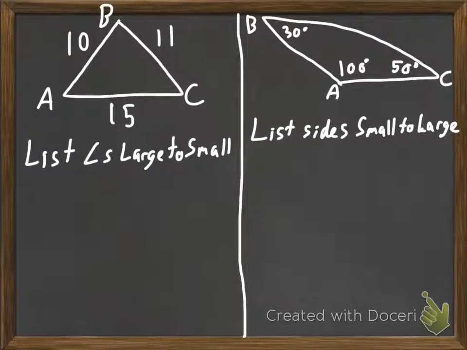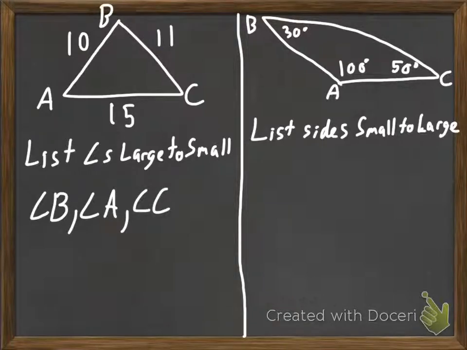Okay, starting on the left, we're going to list the angles from largest to smallest, and it looks like the order goes angle B, angle A, angle C. And on the right we're listing the sides from smallest to largest, and this looks like it's going to be AC, AB, and BC.